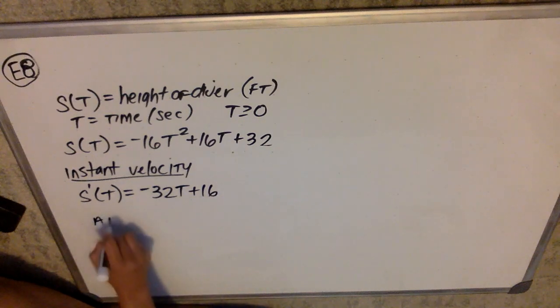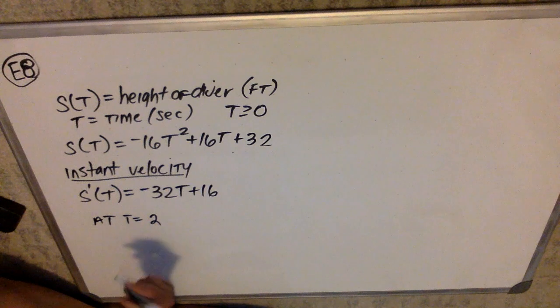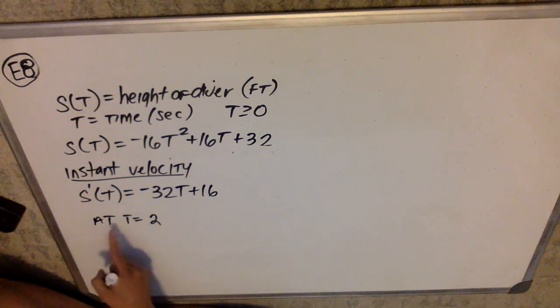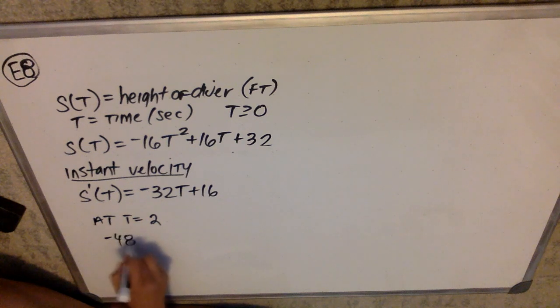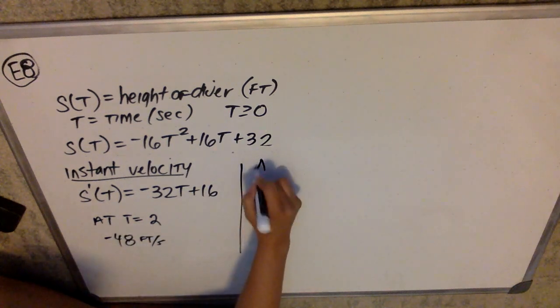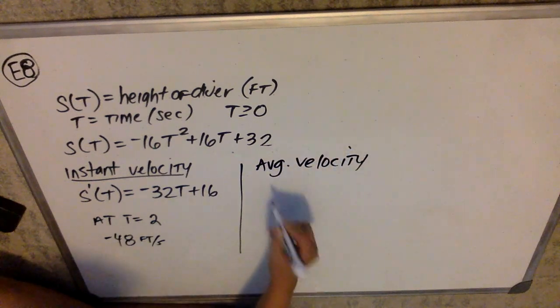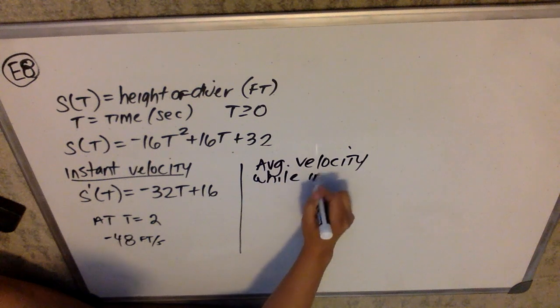And so we know that at t equals 2, which is when the diver entered the water, her instant velocity was negative 48 feet per second. So my question is, what is her average velocity while she's in the air?